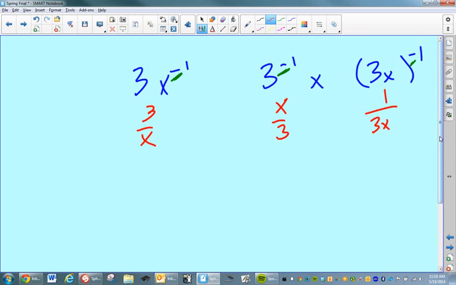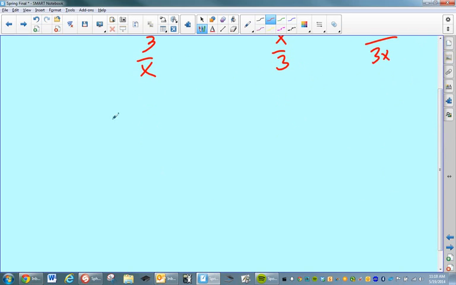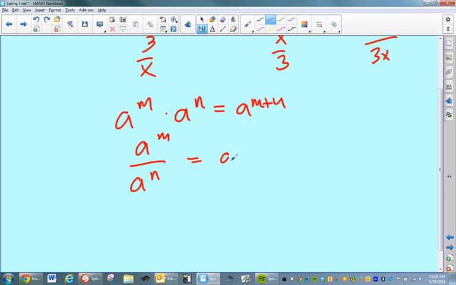These are 4 rules that you pretty much need to know. A to the m times a to the n equals a to the m plus n. A to the m divided by a to the n equals a to the m minus n. A to the negative n equals 1 over a to the positive n.